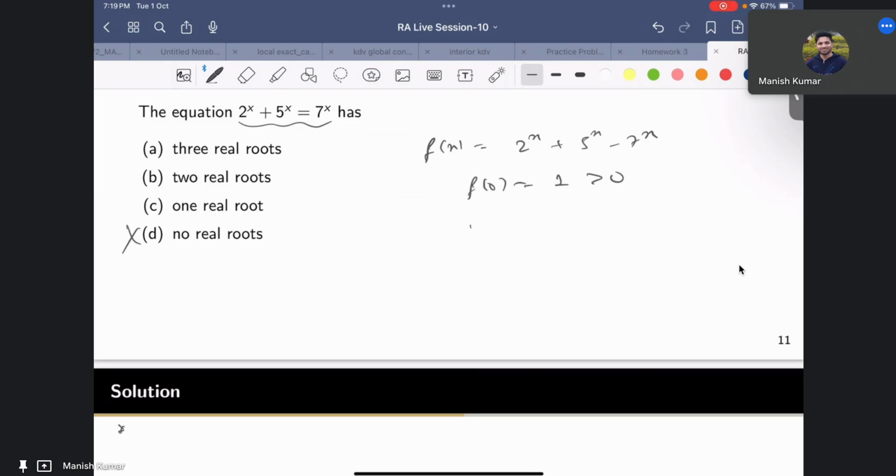Then you can find some large number, let's say f(3): 2 cubed is 8, 5 cubed is 125, and 7 cubed is 343. Clearly this is going to be negative, so you can say that there exists one root. But now you have to talk about differentiability and see whether this function is increasing or decreasing.